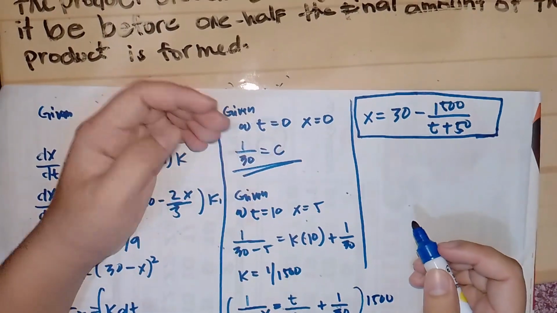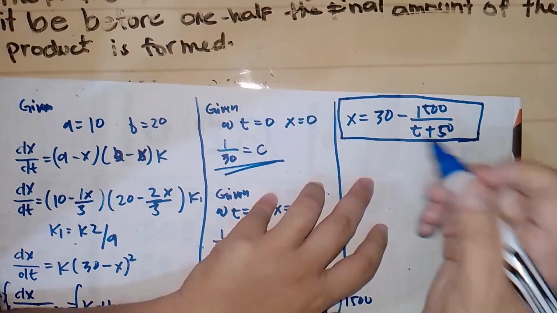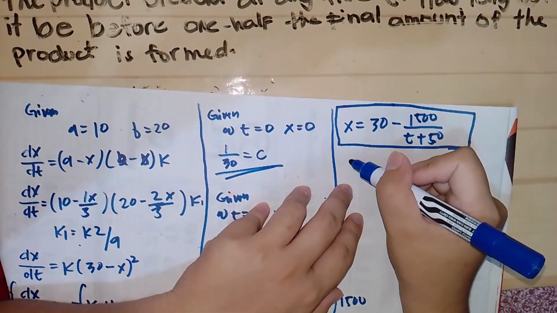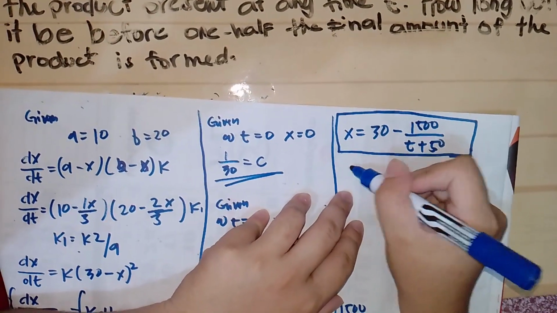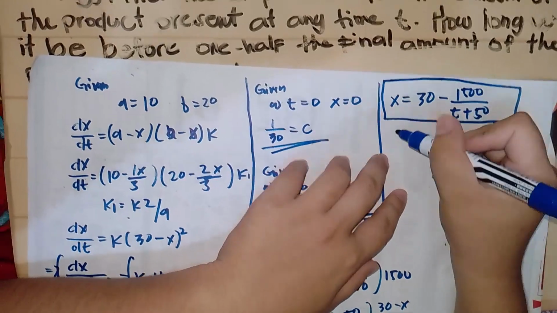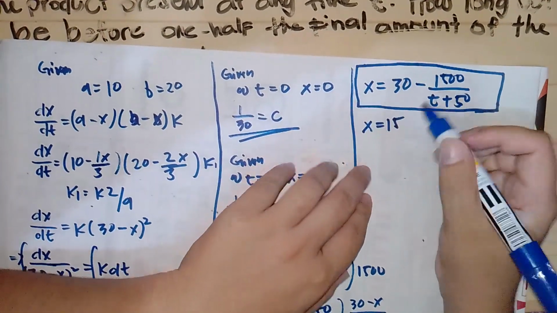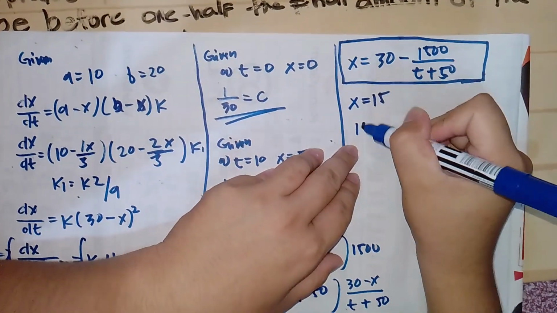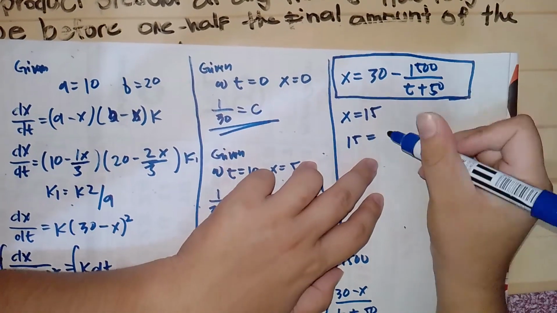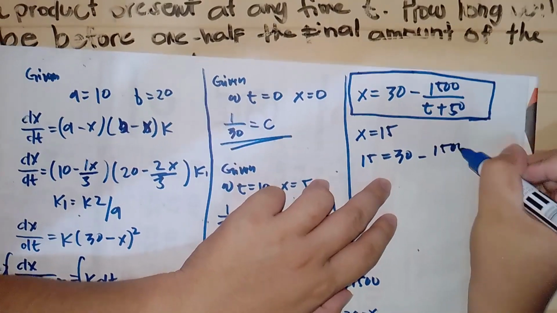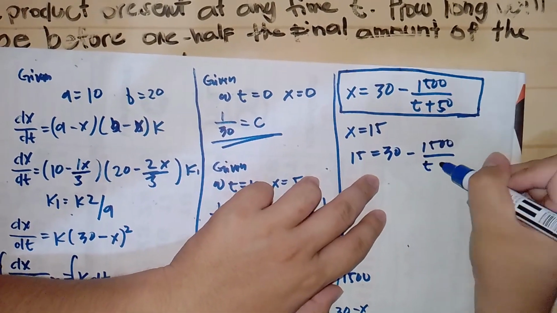The final product is 30 grams, so half of that is 15. So x is equal to 15. Let's substitute: 15 is equal to 30 minus 1,500 over t plus 50.